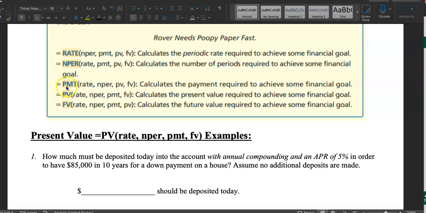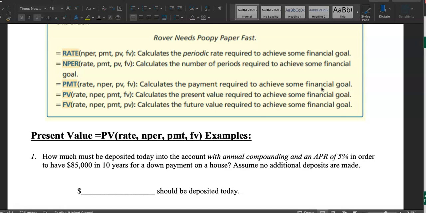So let's take a look at the PMT function. The payment function is asking you to type in the rate, NPER, PV, and FV as the inputs, okay? As 4 inputs that it's gonna need. What it does is it calculates the payment required to achieve some financial goal. So something like this. Say that you wanna save $1 million in the next 40 years.